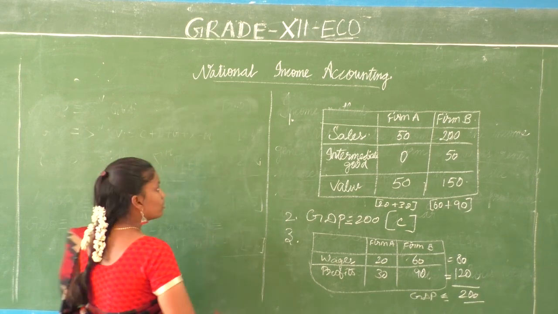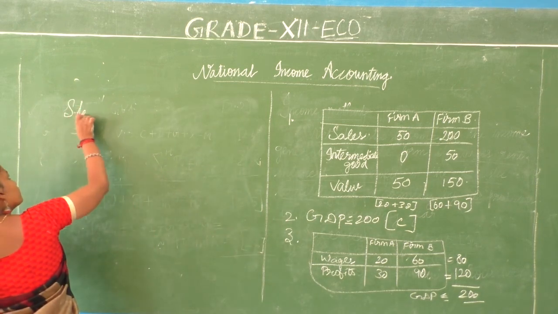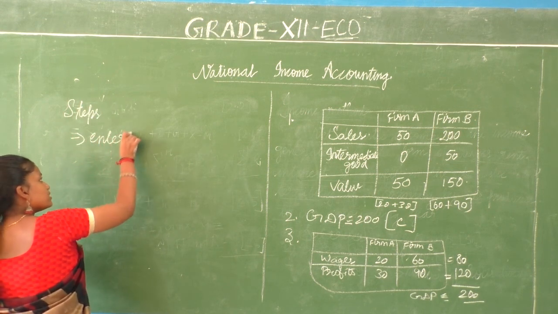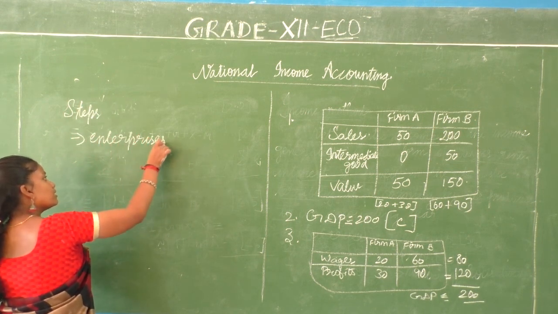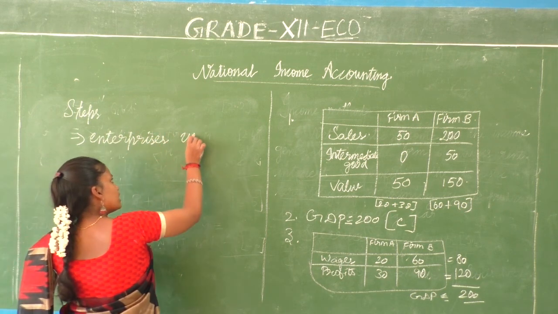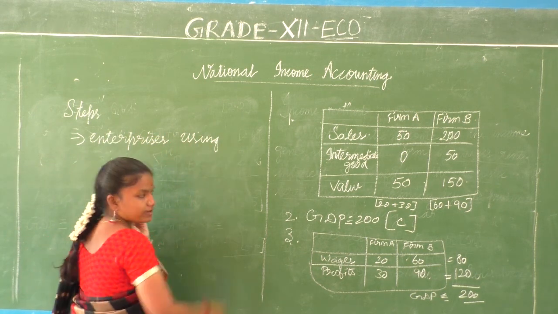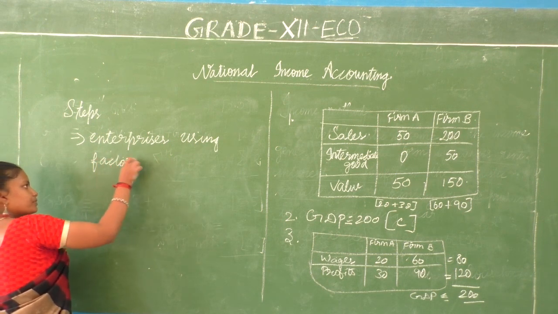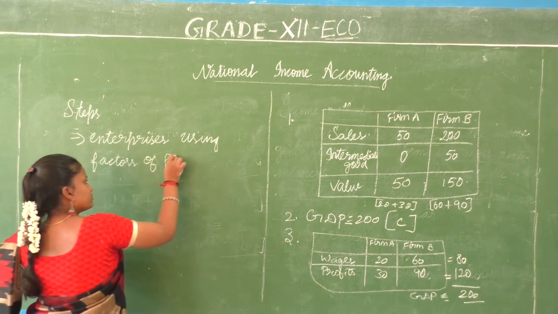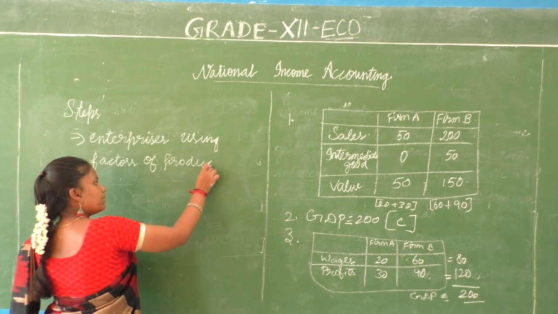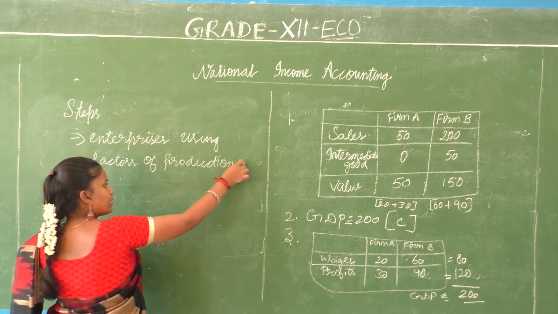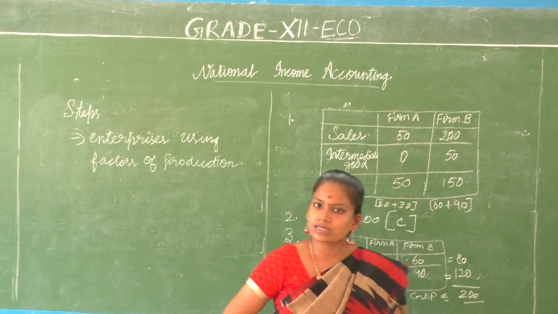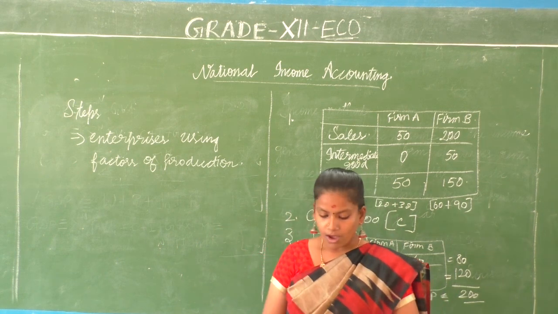You have to find the enterprises using factors of production. What do we mean by factors of production? The wages that we are paying, right? Wages we are paying, we are getting profit, interest rates and all those. You have to find that out.